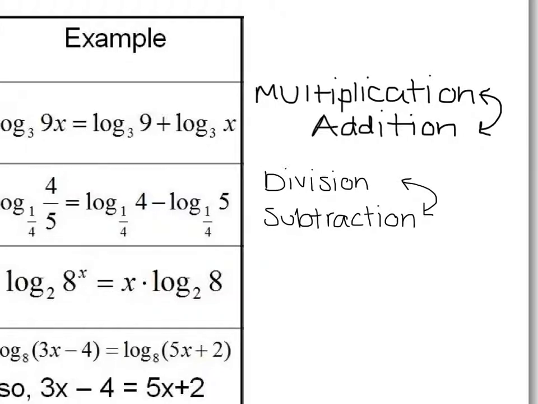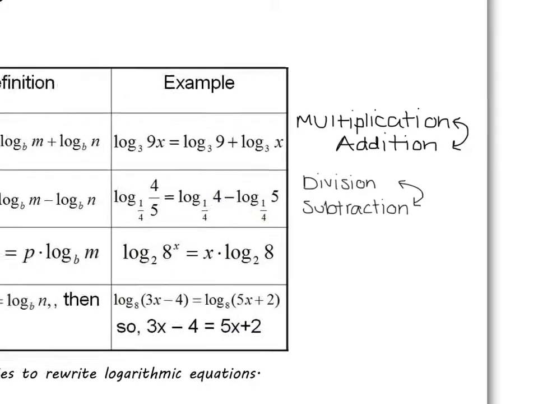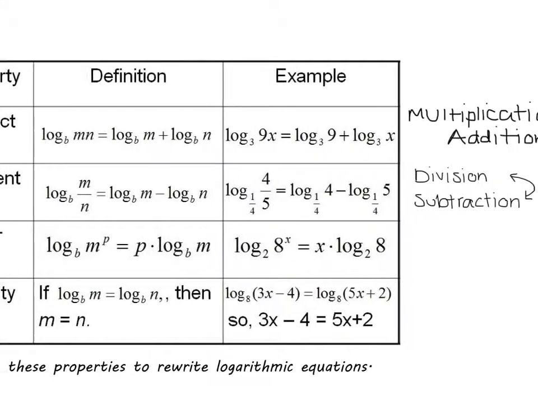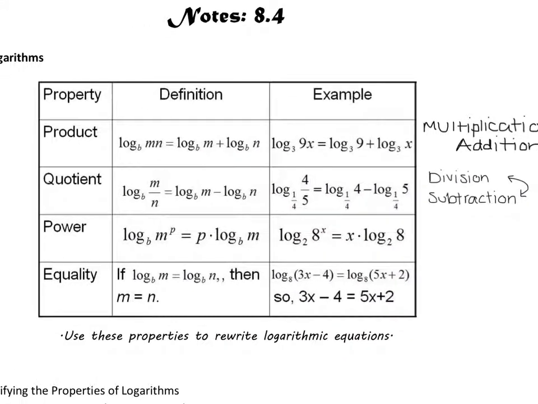So it goes back and forth between the 2. It is called the quotient property. All right, so here we have 2 variables, m over n. If you want to separate that into 2 logs, you have log of the numerator minus log of the denominator.